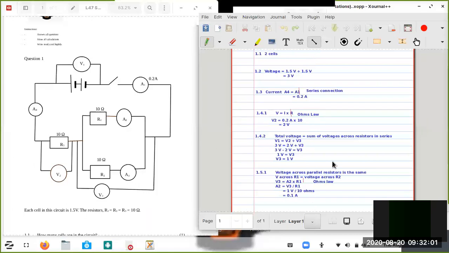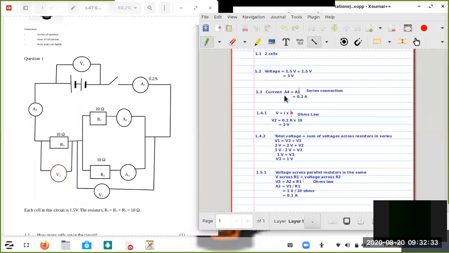And what I did is I added a little bit more information onto our script where we were answering questions, as shown on my right hand side screen there. If we check on 1.3, the current, then it says A4.